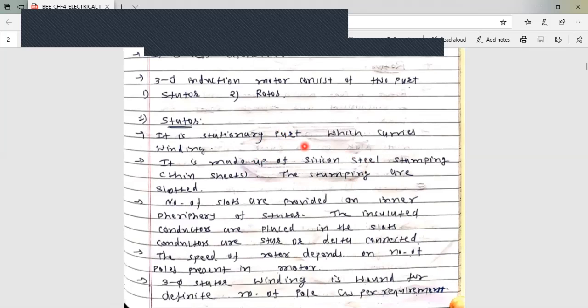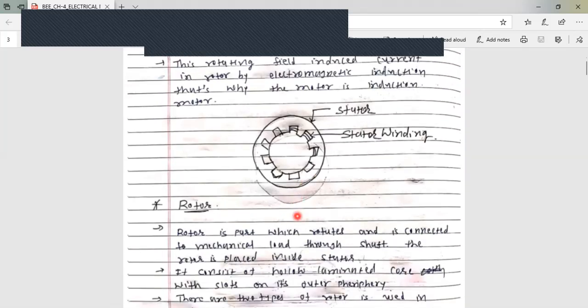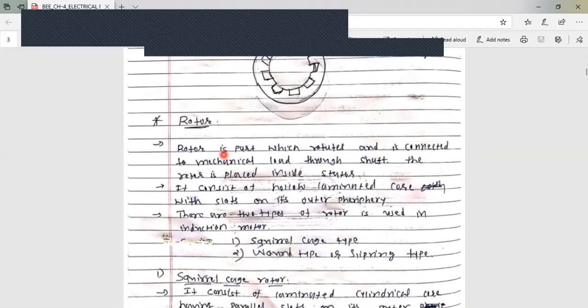It has slots, silicon steel laminations, and a number of windings on the inner periphery. The rotor is the part which rotates and is connected to the mechanical load through the shaft. It has two types, squirrel cage type and wound rotor type.